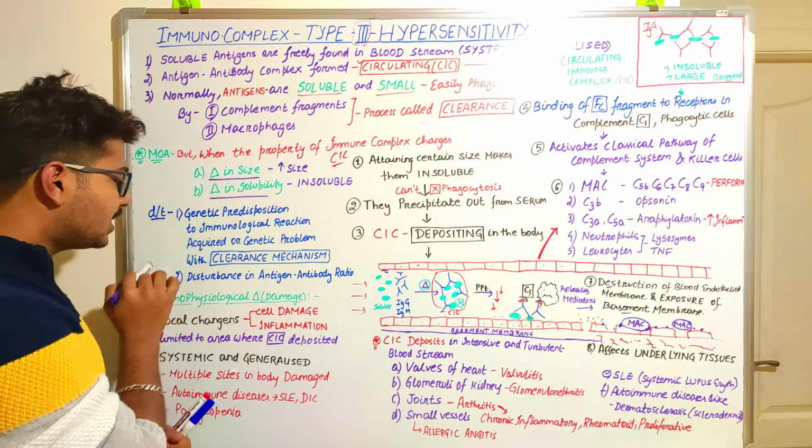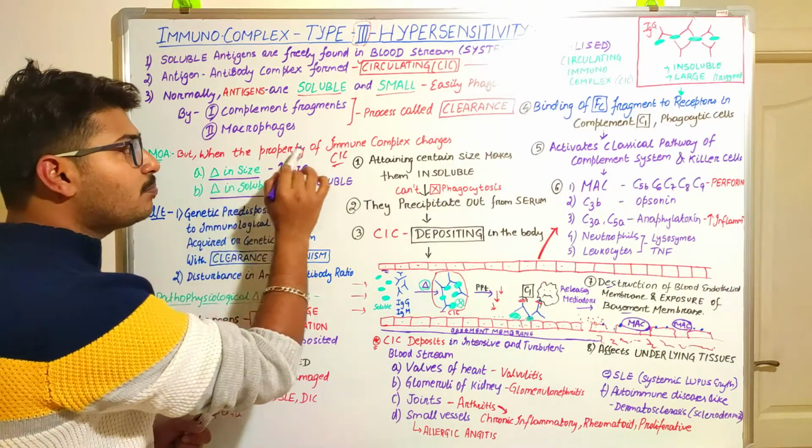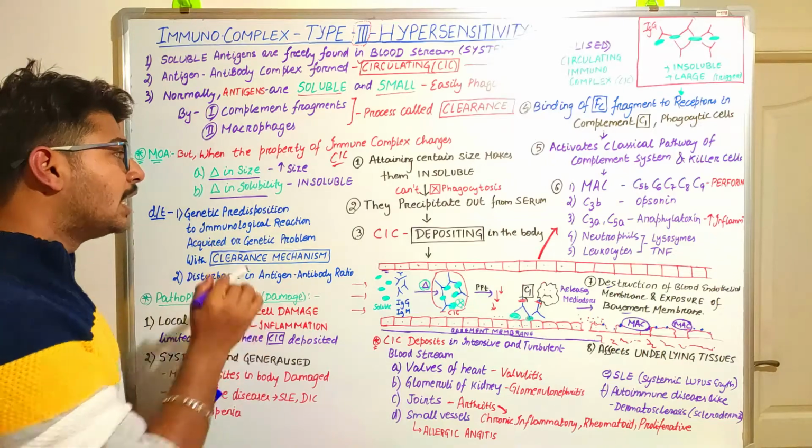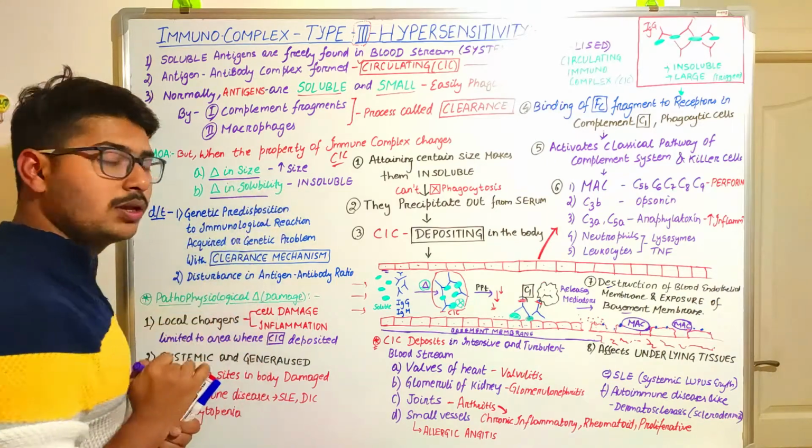So these are the causes through which the properties of the immune complex change, that is, its size and its solubility.